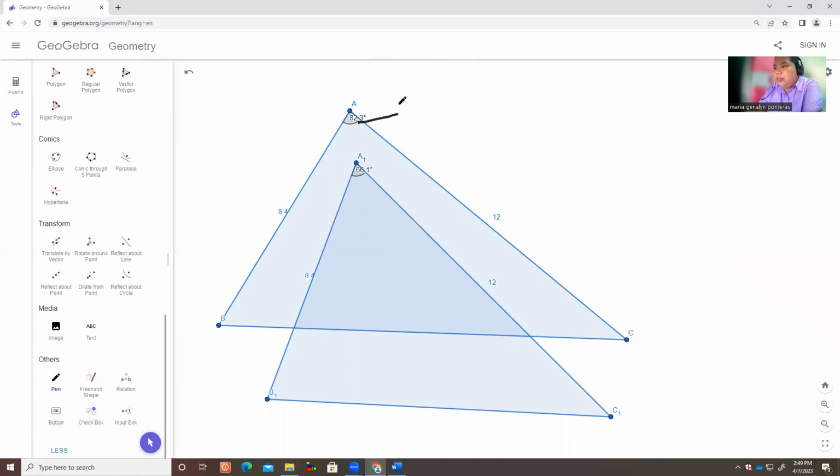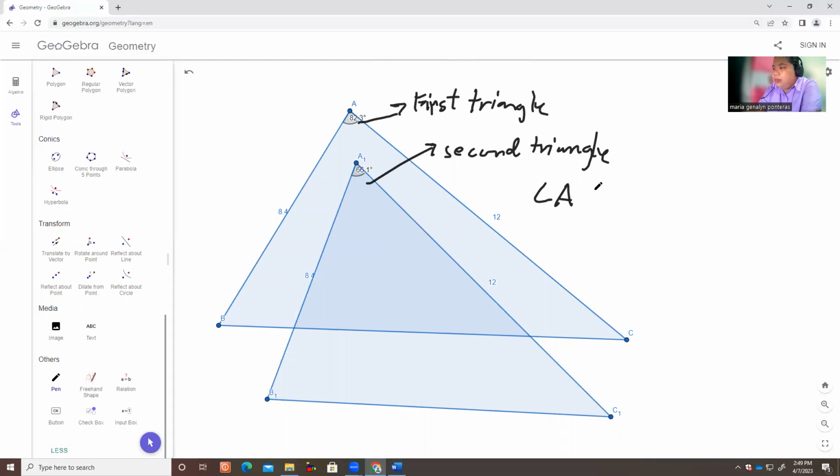Ito si first triangle yan. First triangle. Tapos, ito si second triangle. Now, if the measure of angle A is greater than the measure of angle A sub 1, what would happen to the third side?